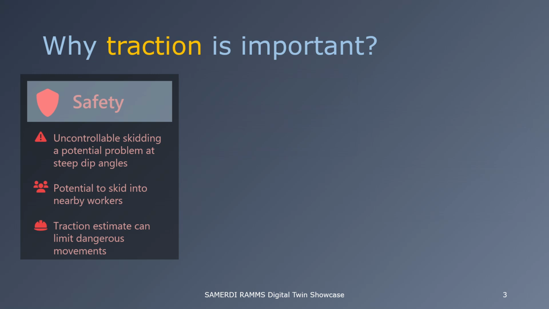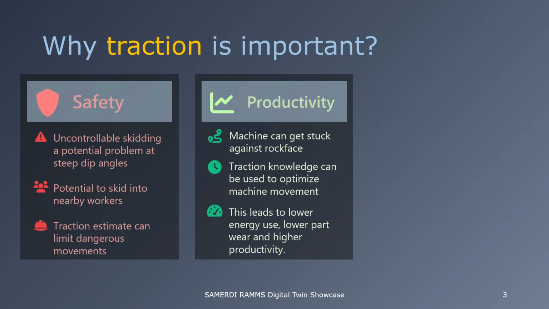This machine, as I mentioned, is designed for underground operation, and in the specific operations it's designed for, it travels on very steep dip angles, which in this case means that there's a strong risk of uncontrollable skidding. And this obviously runs the risk of this machine uncontrollably running into potential nearby workers, or getting stuck against the wall and damaging the mining environment.